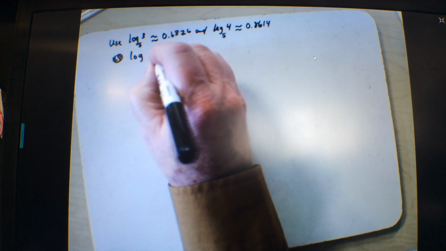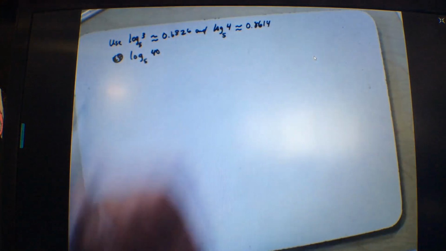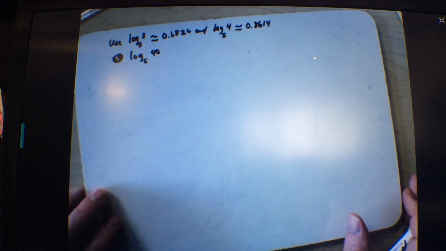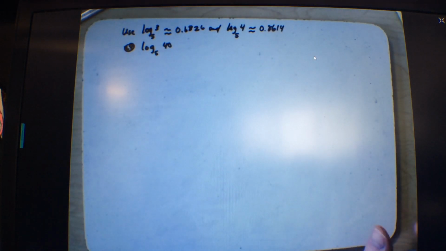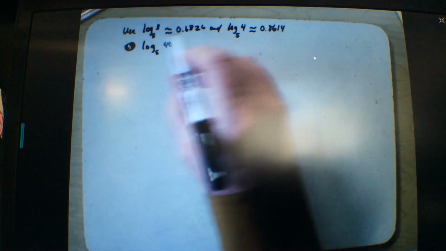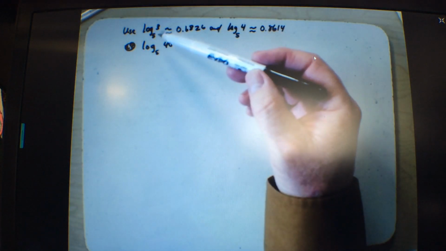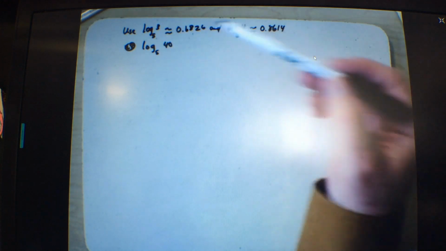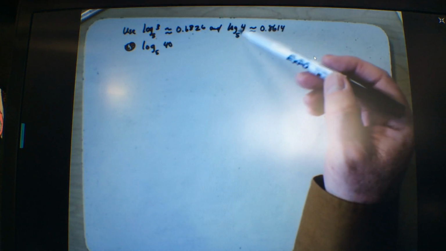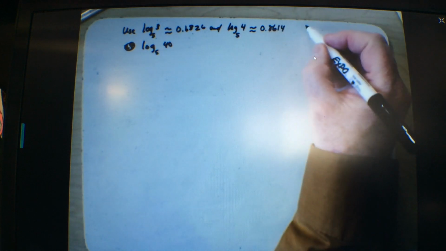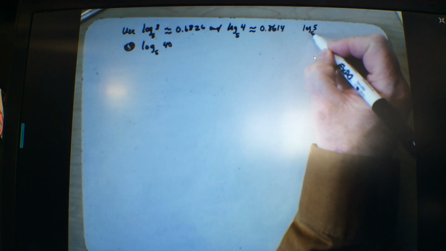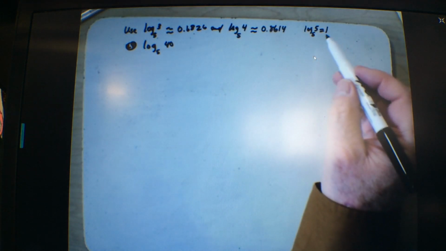Now I wanna do this one because, since it's the first problem in the section, you think it's the easiest, but it's actually one of the more complicated ones. So what I wanna do is, I know these things. I know that log of 3 base 5 is this, I know log of 4 base 5 is this, but I also know that the log of 5 base 5 equals 1, right?